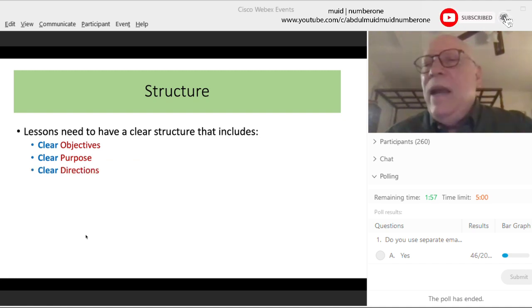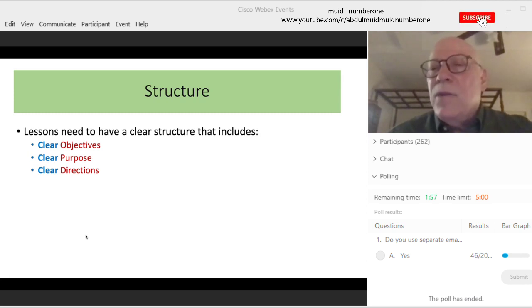And they need clear directions, especially online, because they can't just run up to you and say, oh, teacher, I don't understand this. If you're online, they can raise their hand, or in the question and answer box, they could ask a question. But otherwise, your directions need to be a lot more clear when you're performing things online through this model, rather than in the classroom.